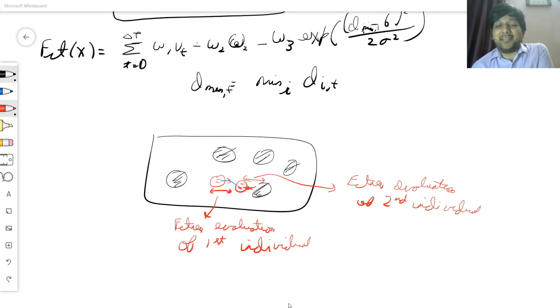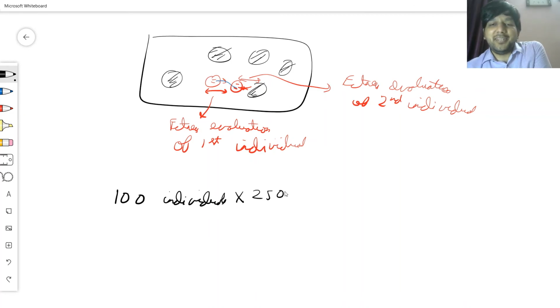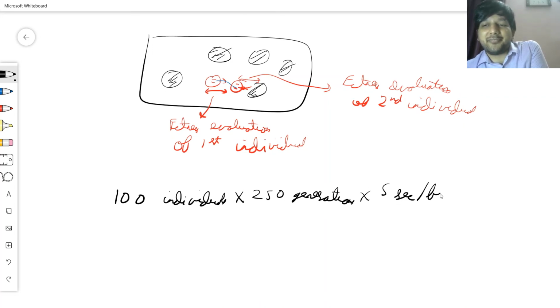So the time required for this very modest calculation becomes 100 individuals into 250 generations into 5 seconds per fitness evaluation. And that's not even close to realistic, and that's too much time.